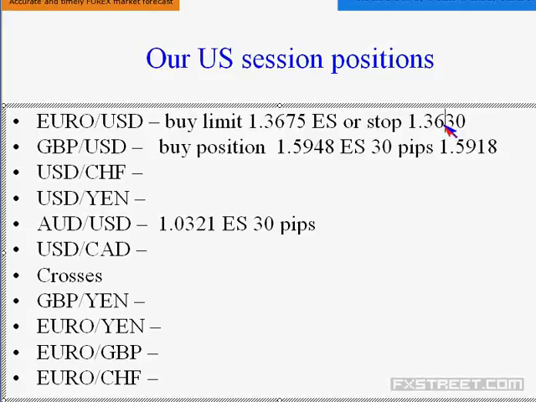Then our hedging order or the stop will be 30 pips below that. This is how we take only 30 pips risk at a given time. Once the position makes profit, we just keep the stop at entry. So now 75 is filled.